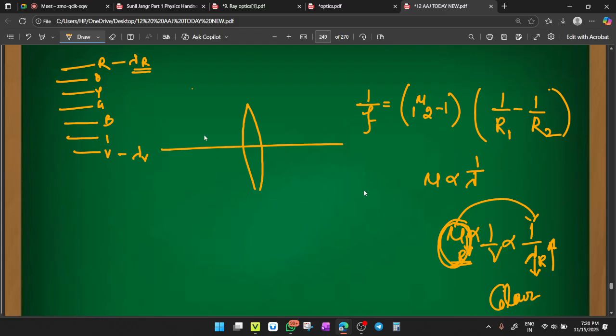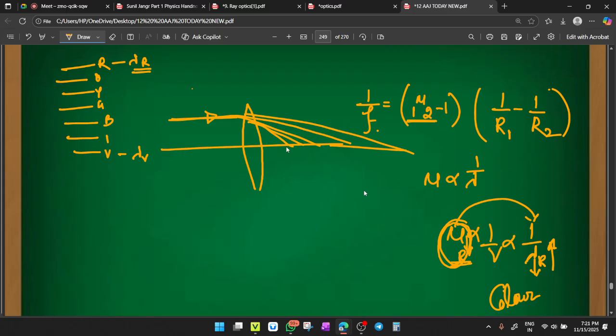So for white light, this lens will focus the different colors at different positions. Because the refractive index is different, the focal length for the individual colors will also be different.